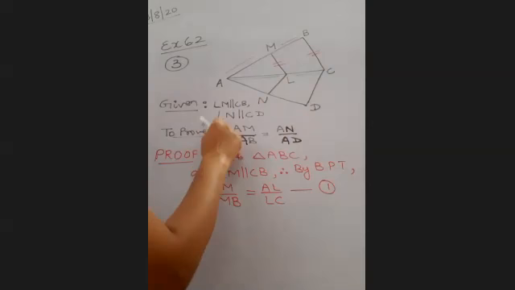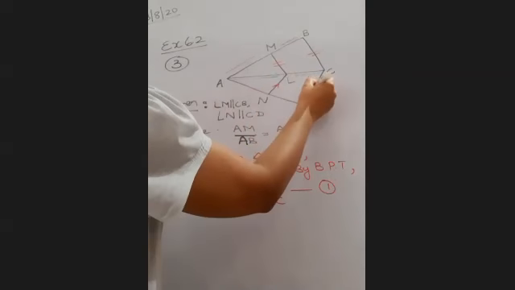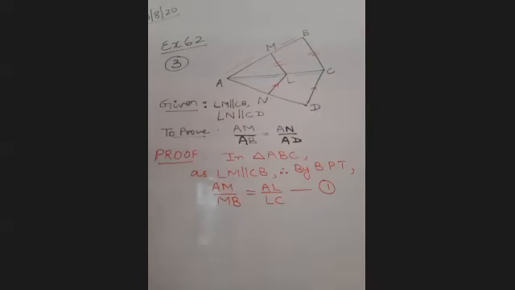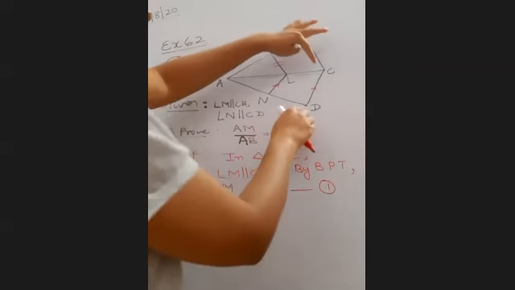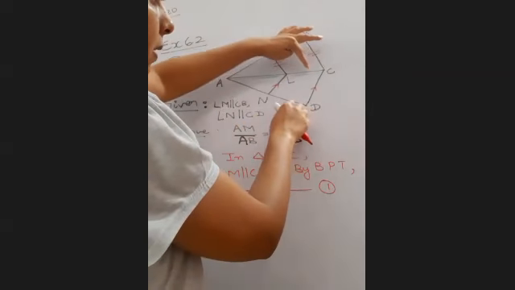Now next we are given that LN is parallel to CD. Using the same hint, the endpoints of CD, triangle ADC.